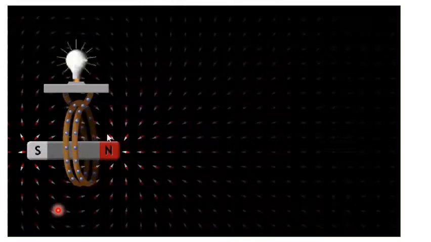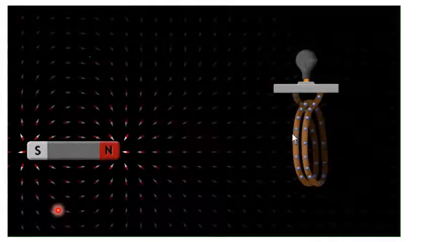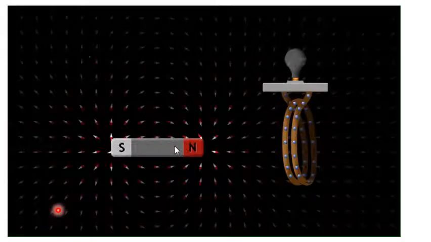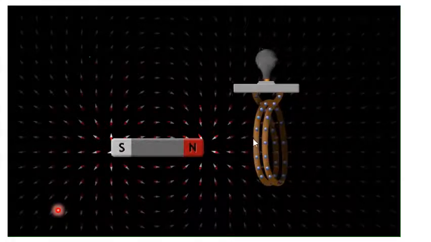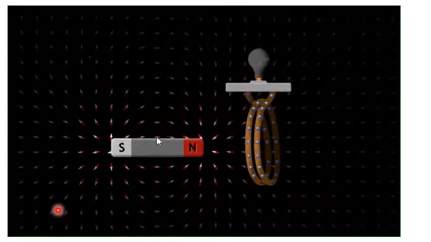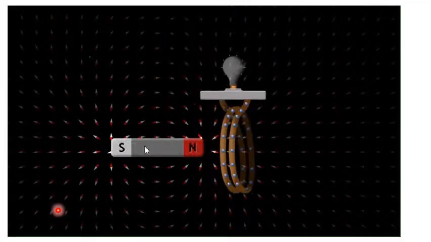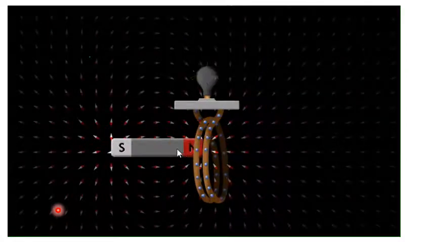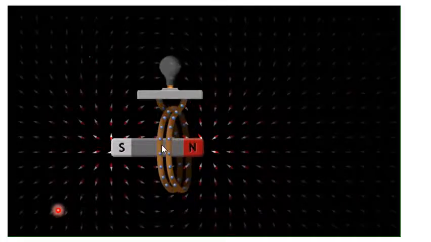So what is happening here is, whenever you change magnetic flux through a coil, current will flow in the coil. To change magnetic flux, either the magnet should come near the coil or go away from the coil, or the coil should come near the magnet or go away from the magnet.